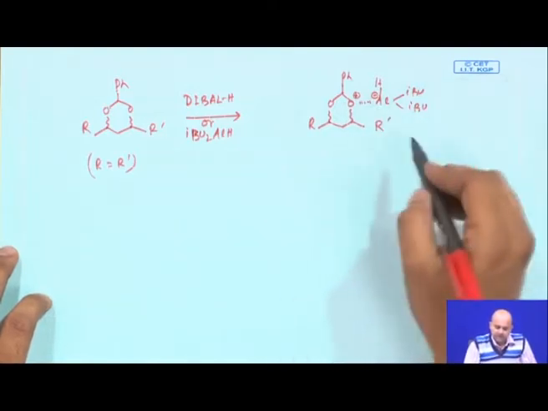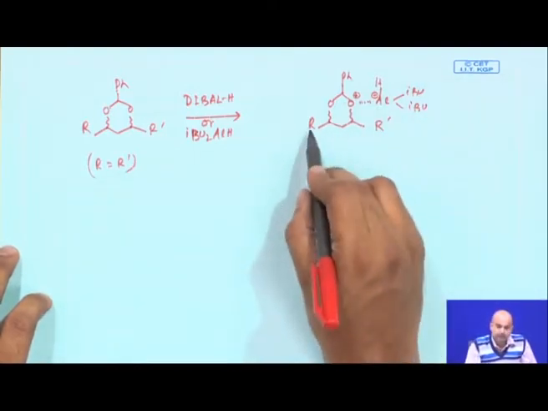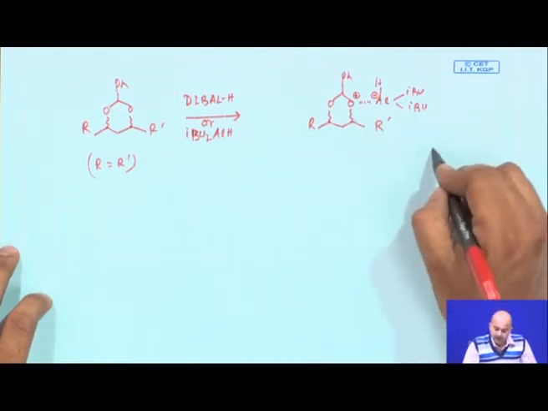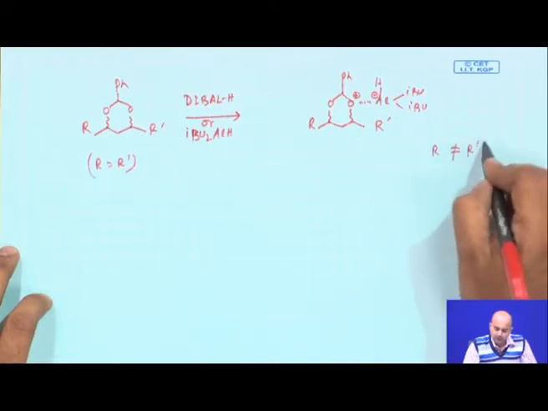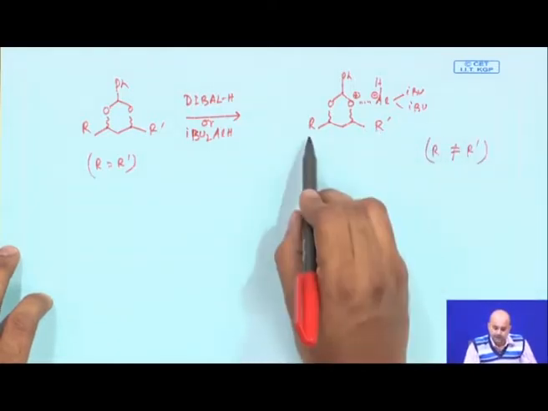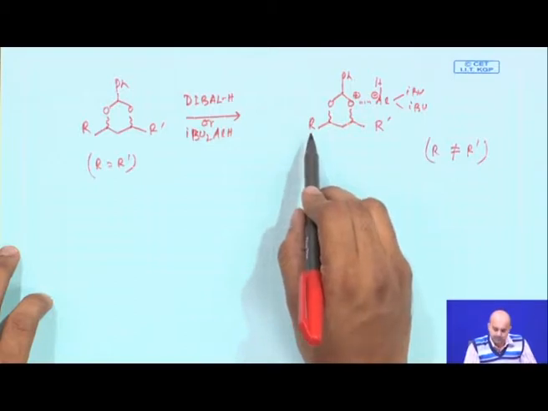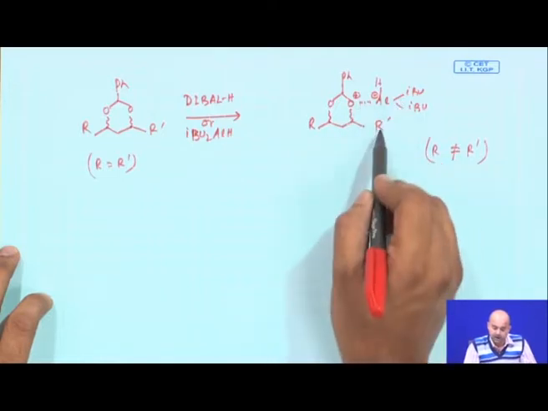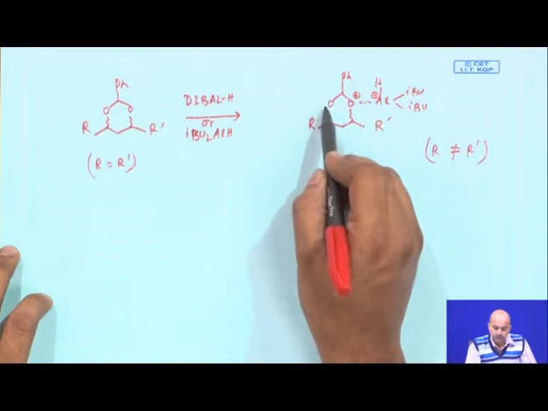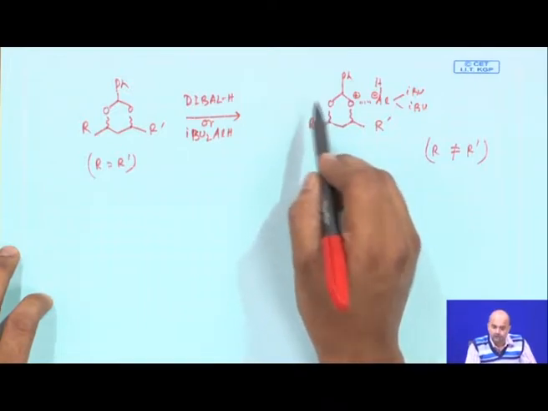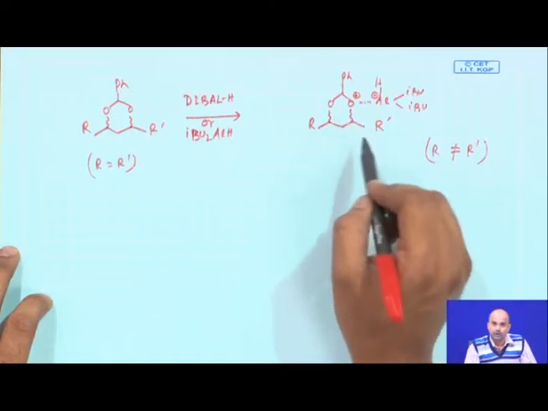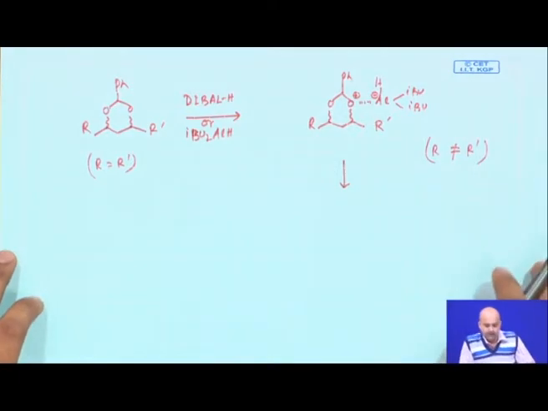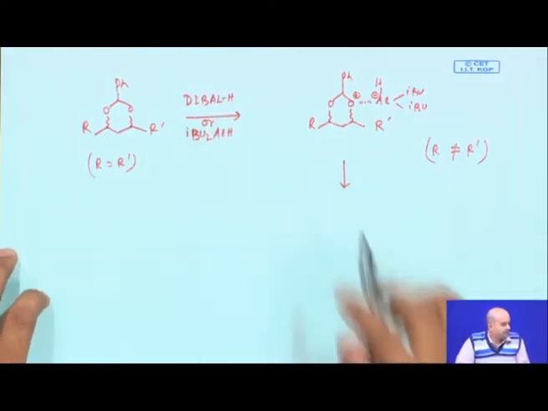Now, as I said, R equals R prime, there is absolutely no issue. Sometimes it happens that R and R prime are not equal, or there is a huge steric difference. If R is pretty bulky, then your initial coordination will take place on this side. If R prime is pretty bulky, then initial coordination will take place on this side. We will have some examples when we talk about a non-symmetrical acetal, how they are treated with DIBAL and what exactly happens.